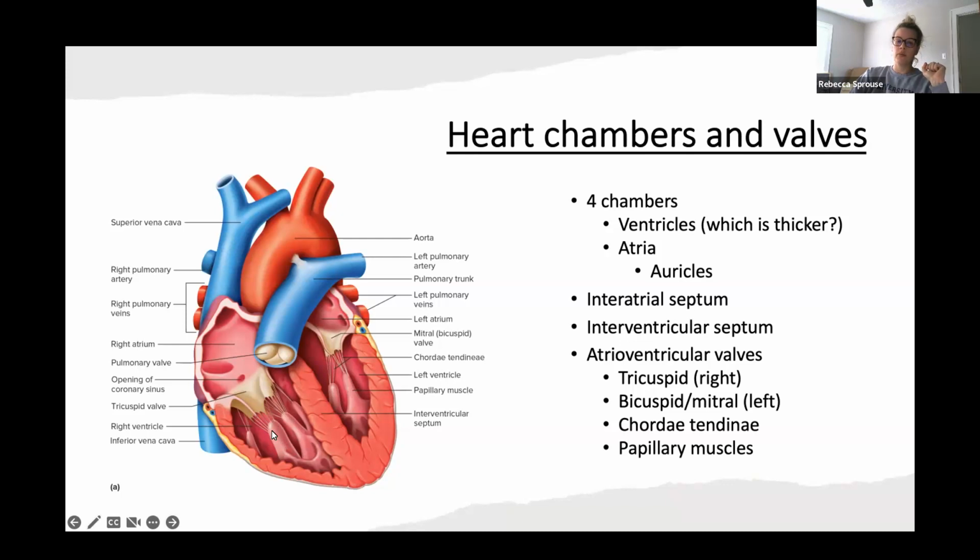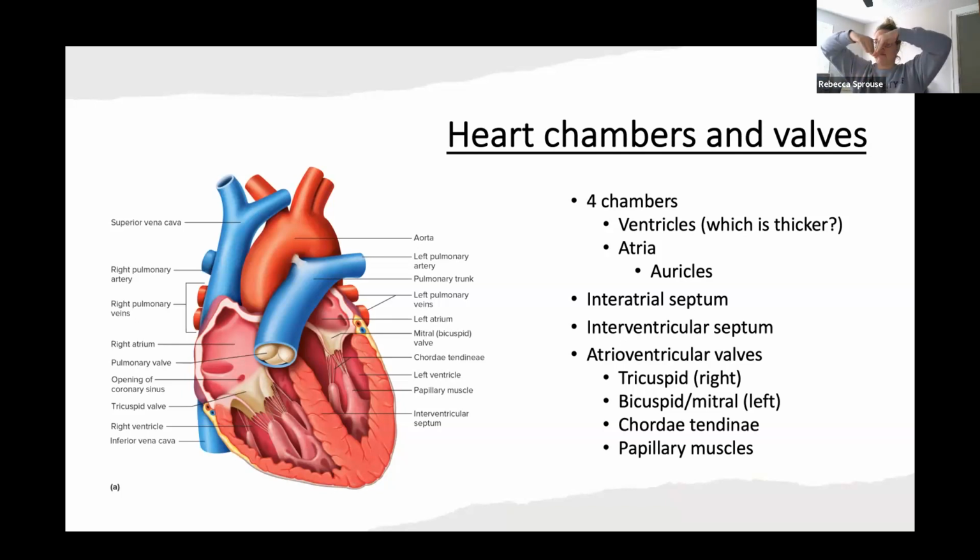Okay, now the point of these is when this valve is closed, we don't want these cusps coming in and up into the atria. If you think about an umbrella, and you've all seen an umbrella kind of be flipped up like this, right? And like maybe really strong winds or something like that, right? We want that umbrella to stay tented down into the ventricle.